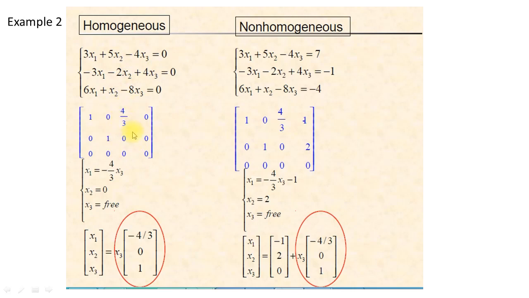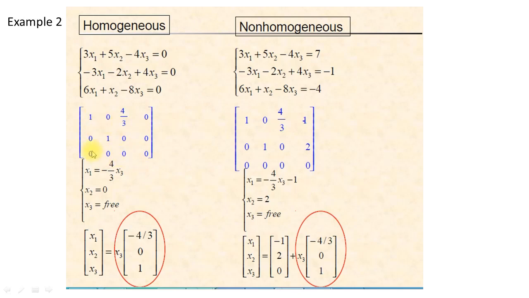This is the row echelon form. Dear students, try yourself to convert the augmented matrix into reduced row echelon form by performing some row operations. You will get 1 0 4/3, 0 0 1, 0 0 0.